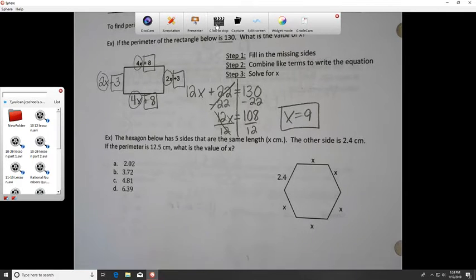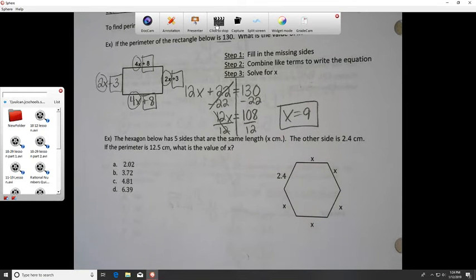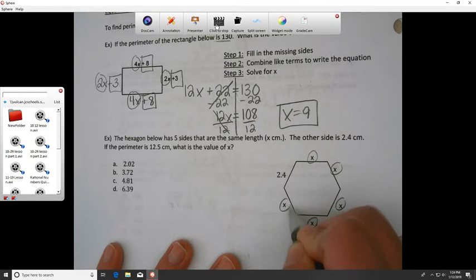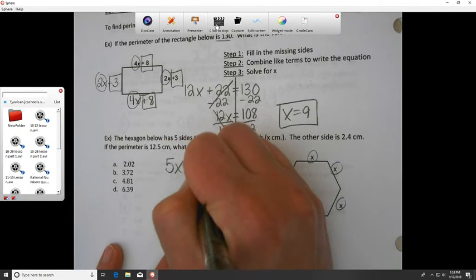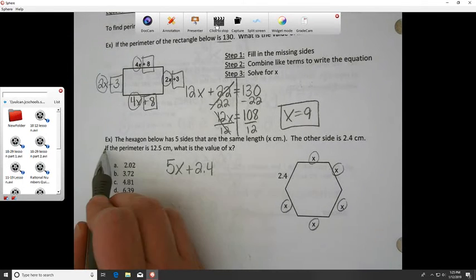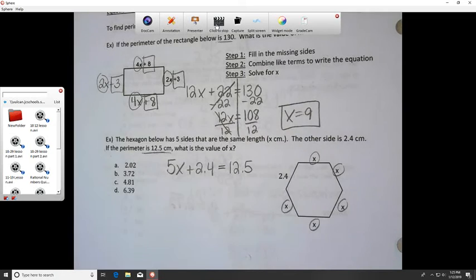Again, I'll stop there, have you come up with that equation, and then try to solve it. Hopefully you said, I'm just going to combine my like terms here. I've got 5 x's, so that would be 5x, plus the 2.4, because perimeter is adding up all the sides. And then it says the perimeter is 12.5, so equals 12.5.